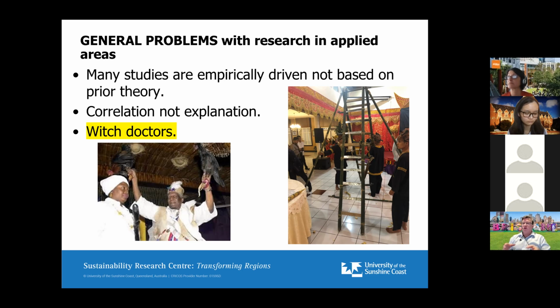That's an explanation based on observation. But of course, if we start to investigate it, we find that that's not true. If we have a theory, then perhaps we can start to look at various theories to explain it. So unless you've got a good theory, your empirically driven studies are probably wrong.